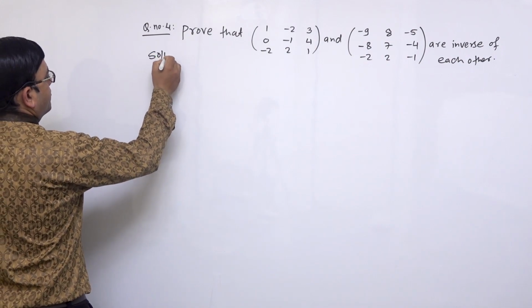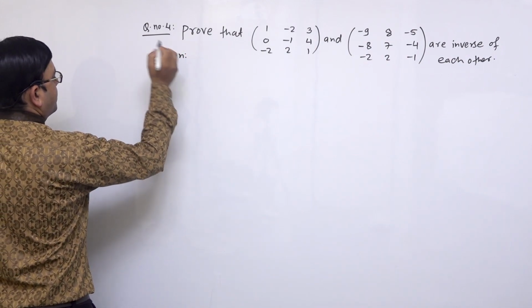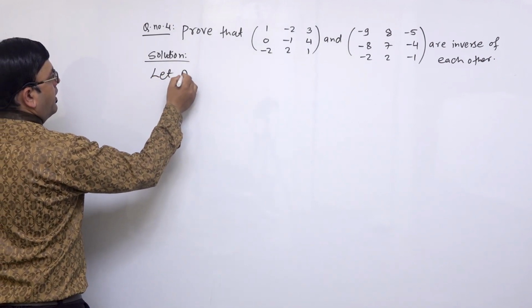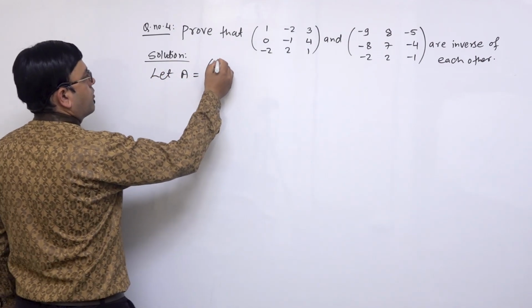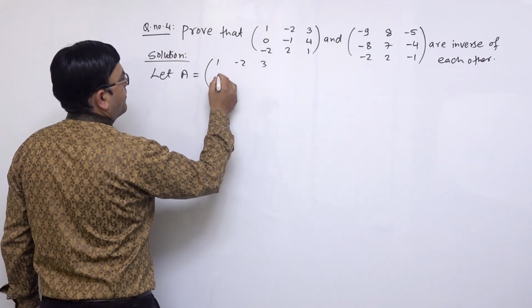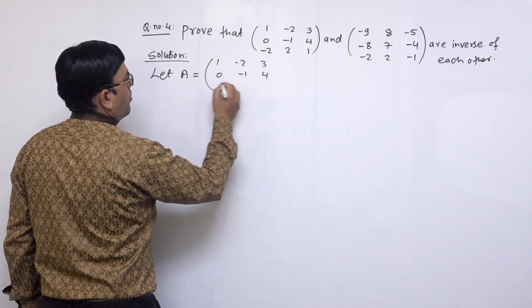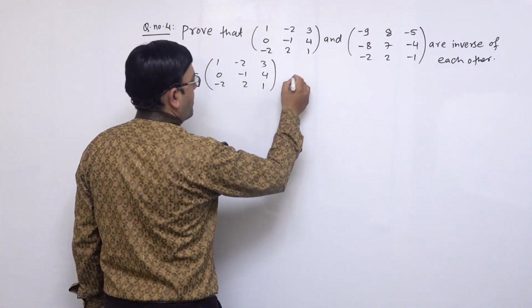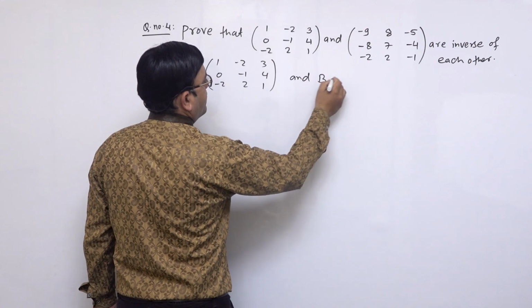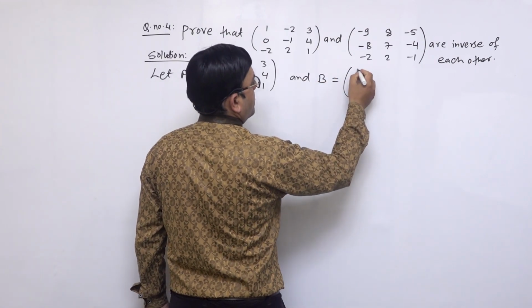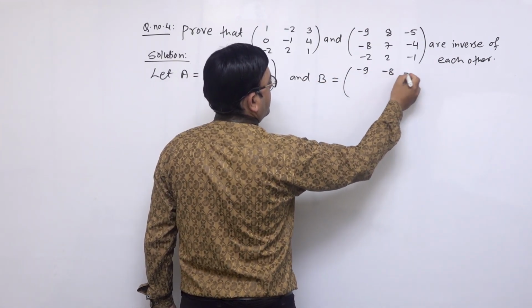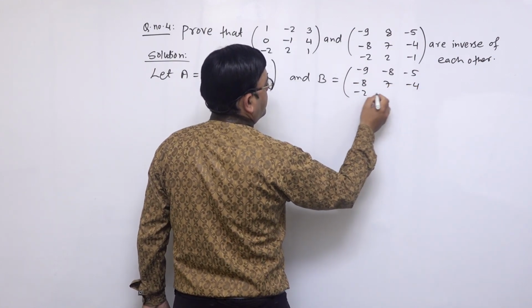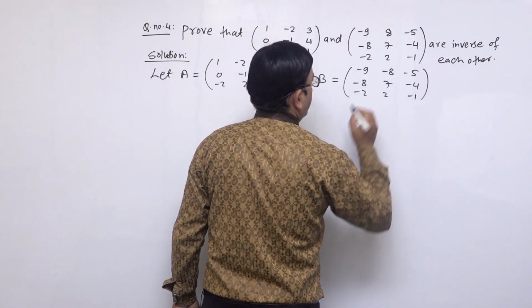Solution: at first, let A be the first matrix, [1 -2 3; 0 -1 4; -2 2 1]. This is the A matrix, and B is [-9 -8 -5; -8 7 -4; -2 2 -1]. A and B.